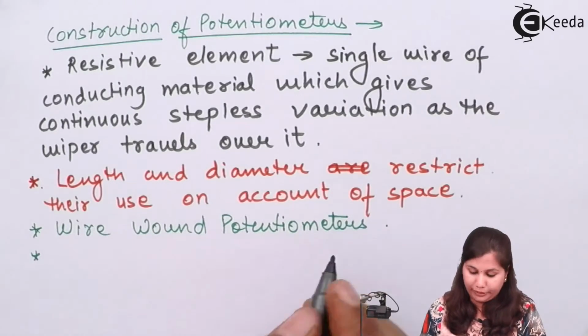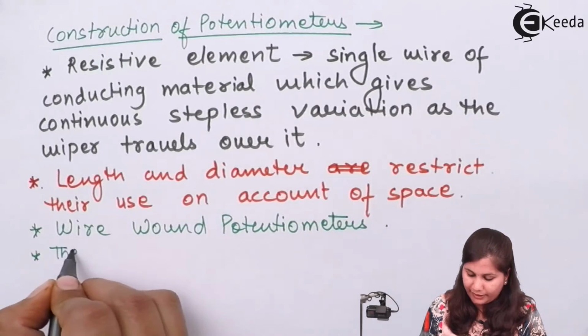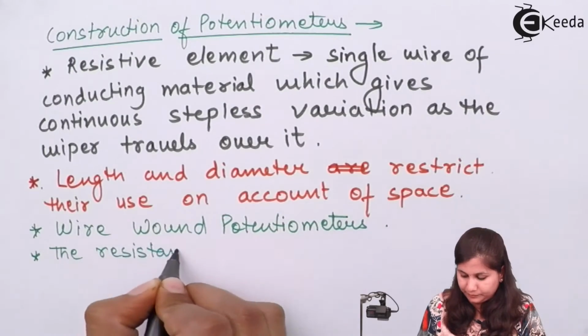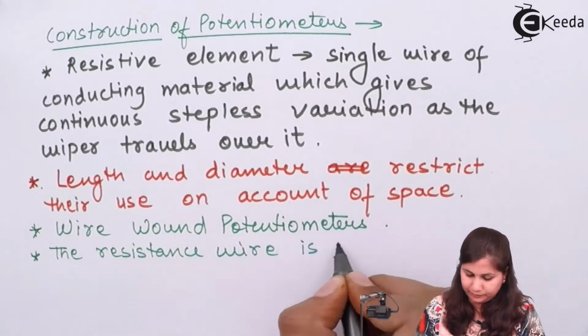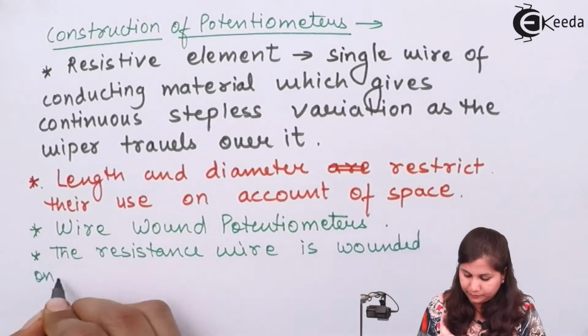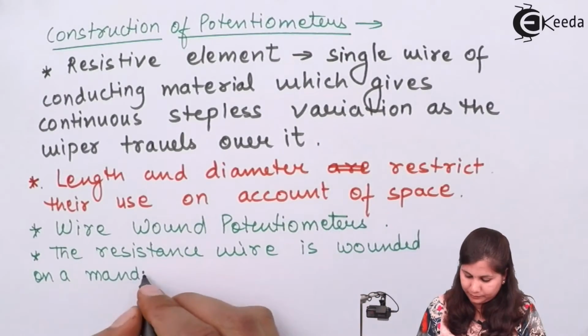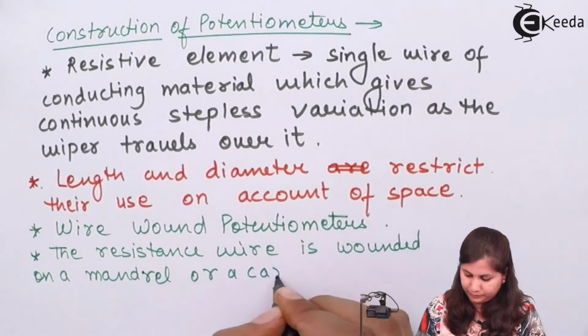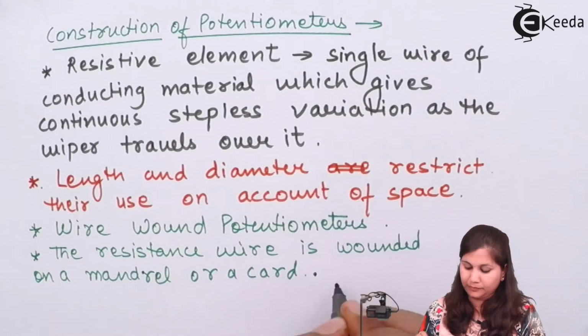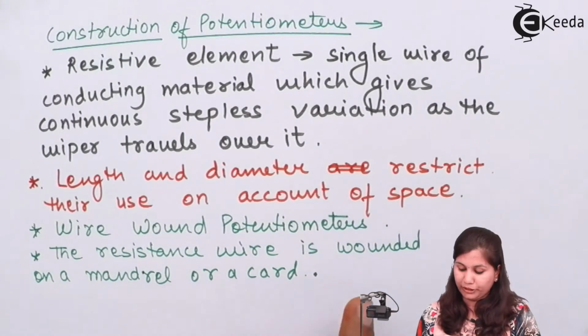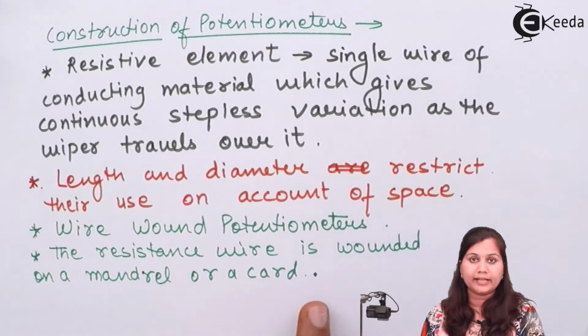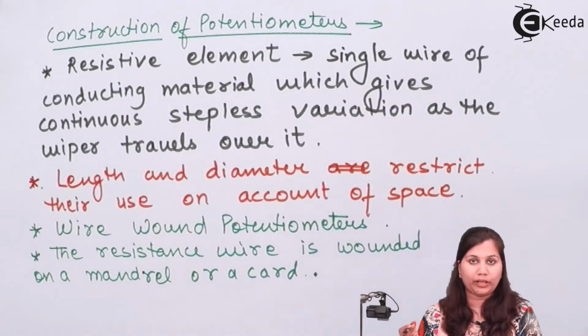In the wire wound potentiometer, the resistance wire is wound on a mandrel or a card in the case of translational potentiometers, and in the case of rotational, this resistance wire is formed in a circular shape.